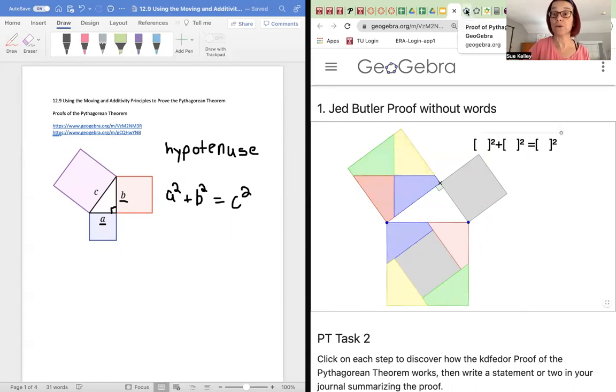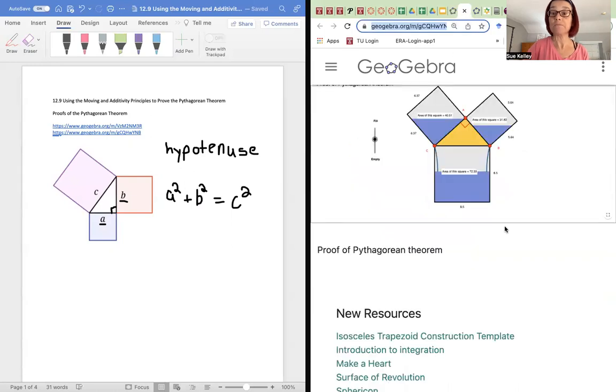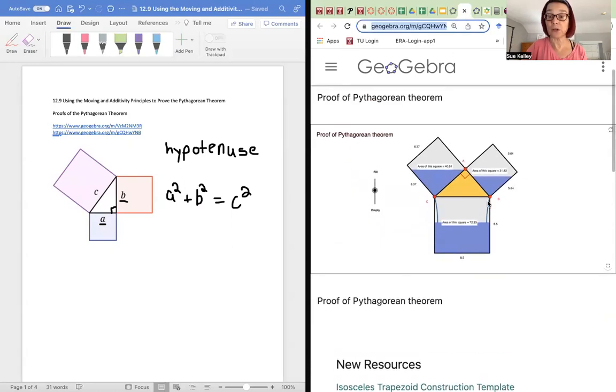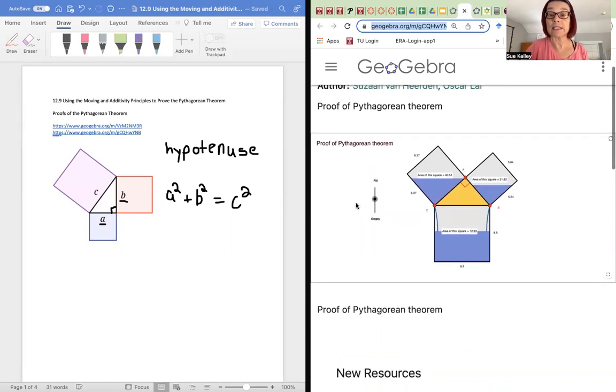Let me show you another example of this. Just another different kind of proof here. And this time it's showing you the area again, but this time it's in like liquid form, kind of filling up the area of these squares.